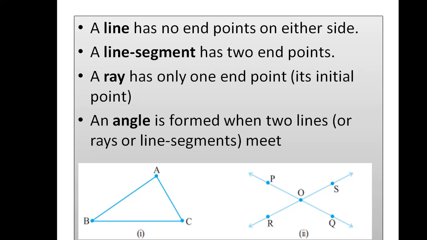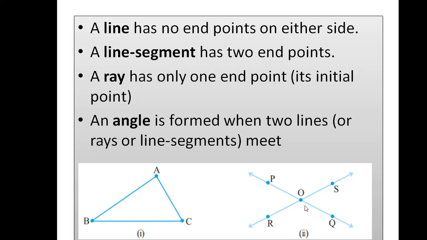Then next is angle. An angle is formed when two lines or rays or line segments meet. In the picture you can see PQ is a ray, and RS is a line, sorry. So it's intersecting.